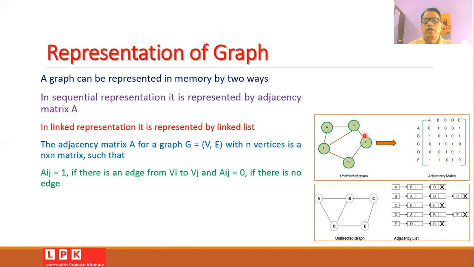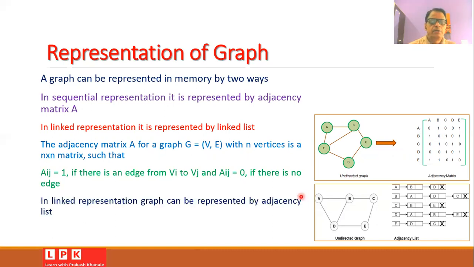Similarly, we can think of the edges from B to A, B to E, and B to C, and therefore the corresponding elements in the adjacency matrix are represented by 1 and the other elements by 0. In this way, we can prepare the adjacency matrix for any given graph.